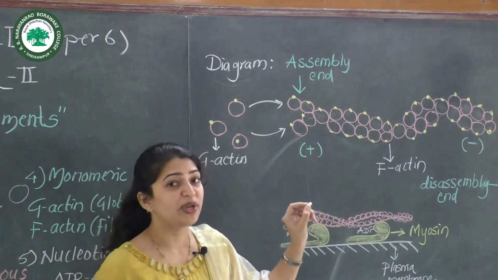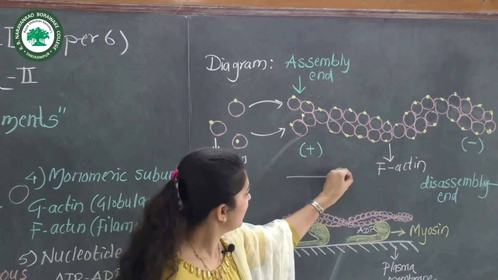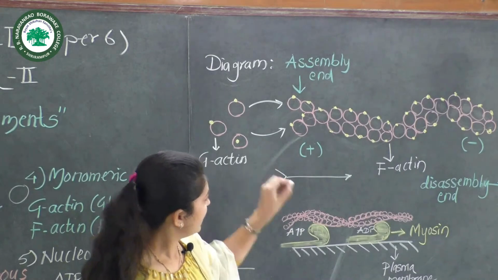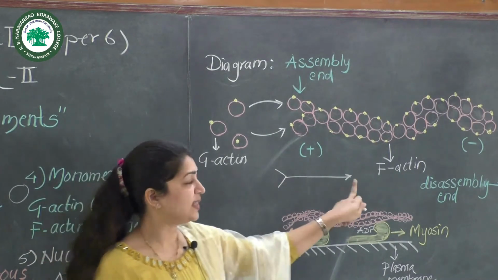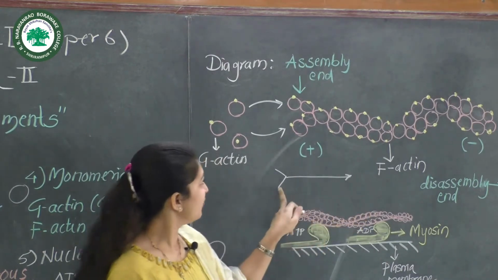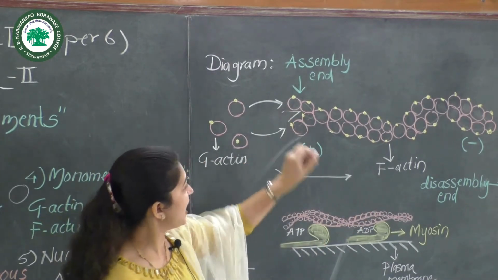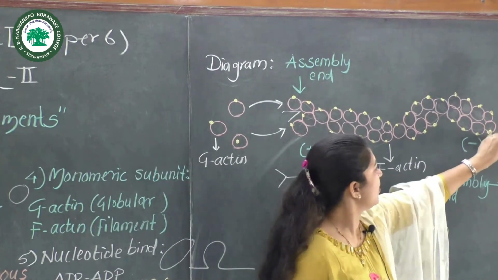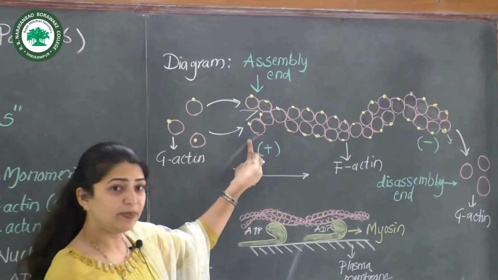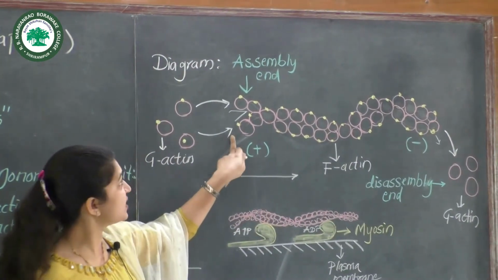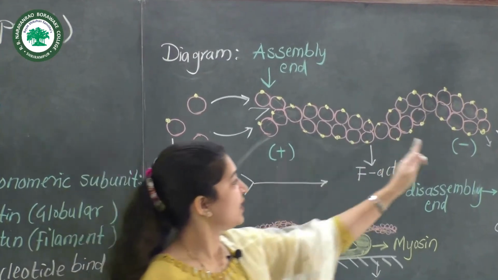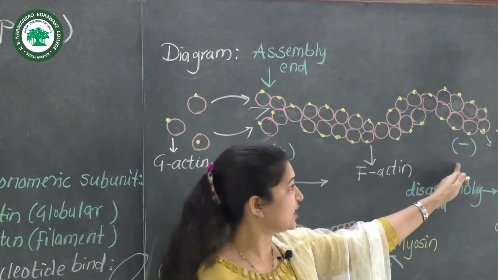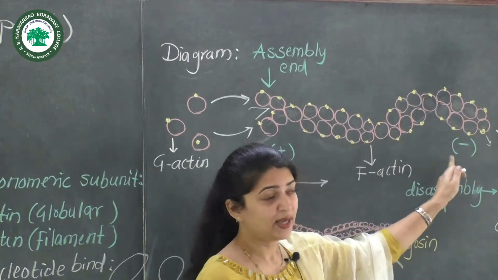This filament shows an arrow-like structure, where this is the barbed end and this is the pointed end. The barbed end is called the plus end, and the pointed end is called the minus end.